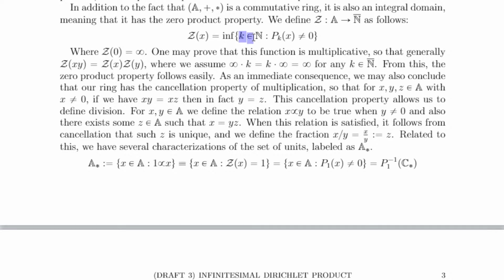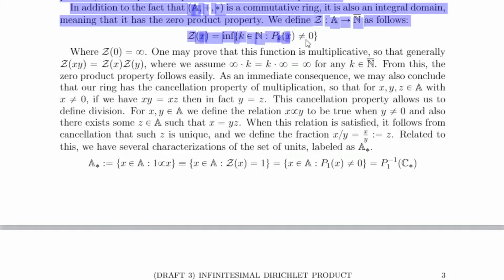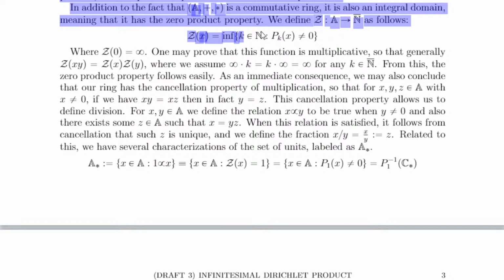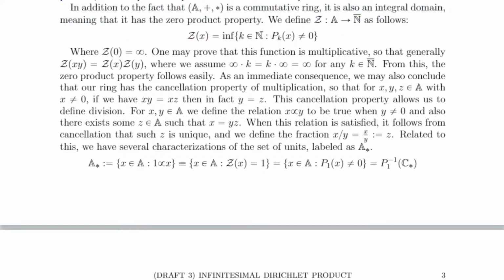It's the infimum of the k indices where the projection is non-zero. For the E2 basis vector, the only index where it's non-zero is the second one, and the first projection of E2 would be 0. So z of E2 would be 2. Likewise, z of E3 would be 3, and z of E4 would be 4. We're sort of wanting to know how many zeros our sequence starts with.